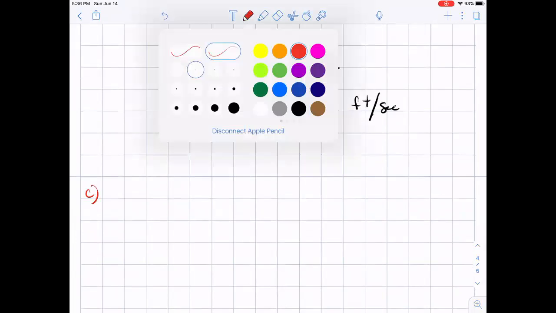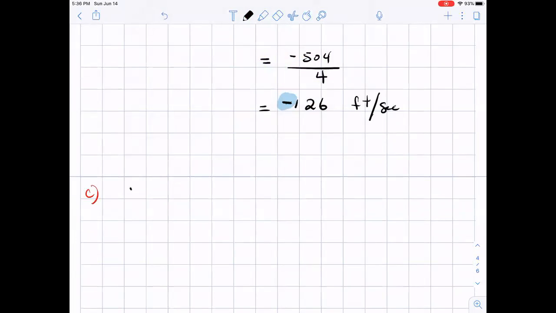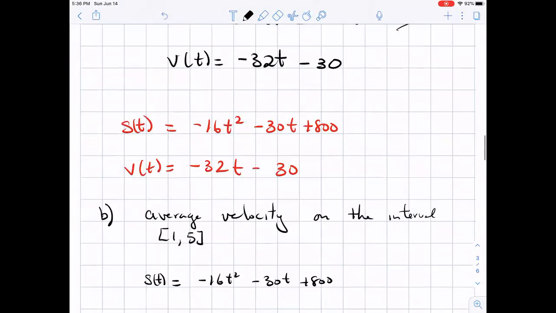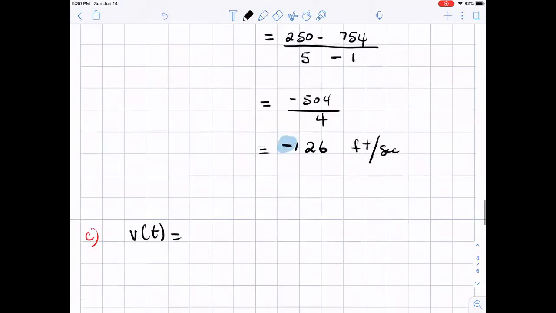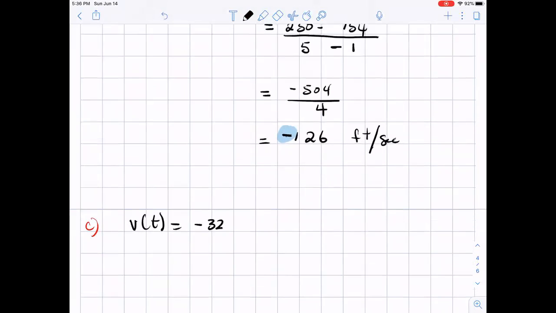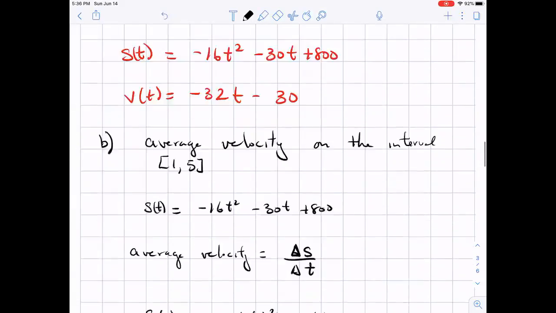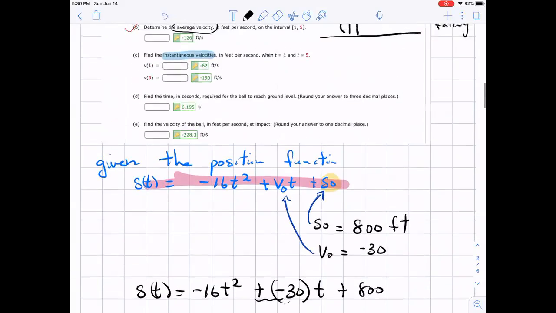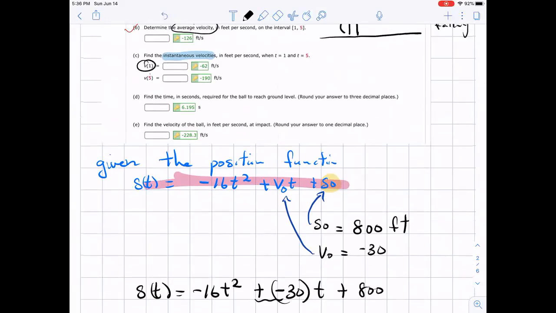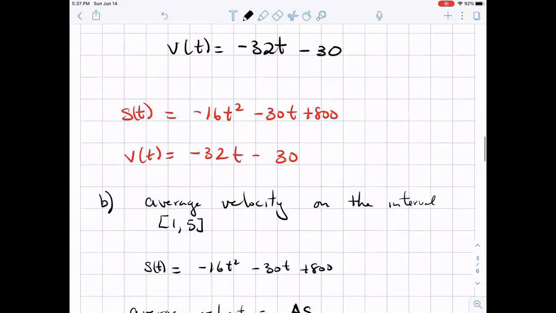V of t, when we found it, is minus 32t minus 30. And your question is asking you for v of 1 and v of 5, when t is equal to 1 and t is equal to 5.